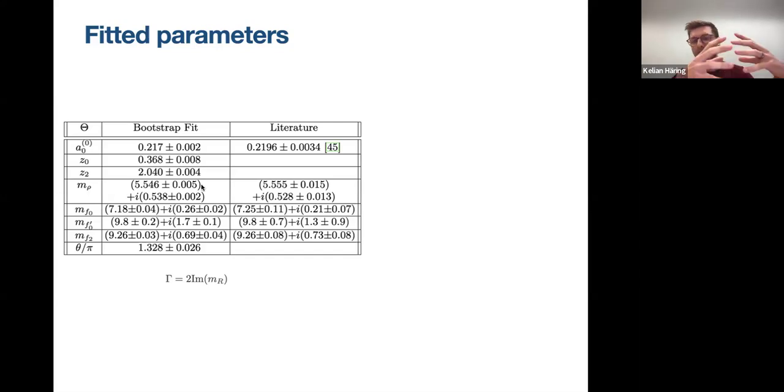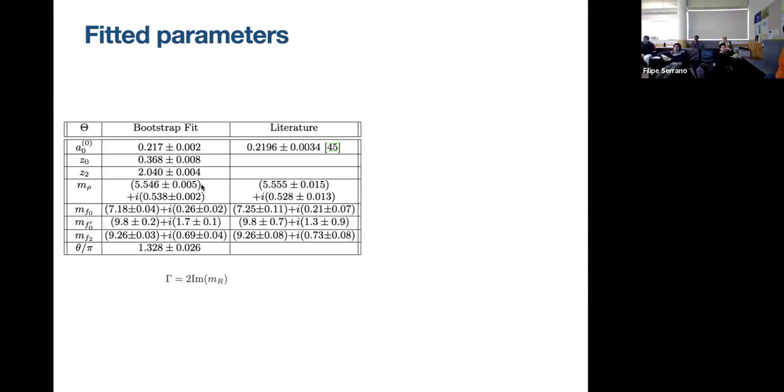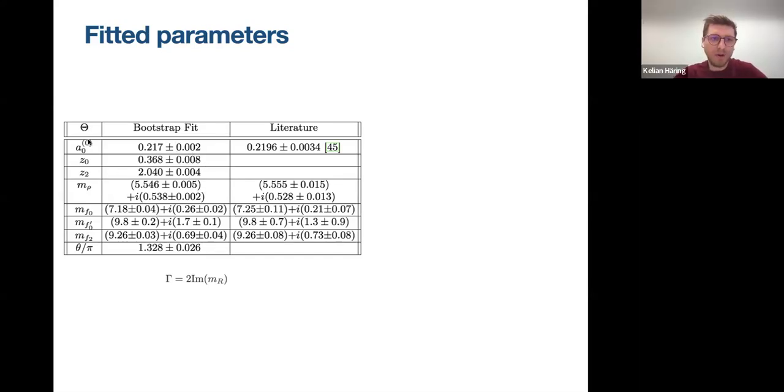The error bar is given by using all the different amplitudes obtained in this particle swarm optimization, selecting those with a reasonable chi-square, and doing a weighted average. That gives the error. For example, the first scattering length is really close to the one you can find in the literature, and similarly the masses of the different resonances match the ones in the literature. I recall that the decay width of the particle is given by the imaginary part.